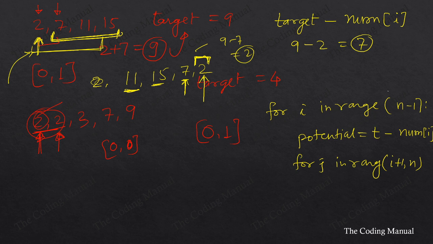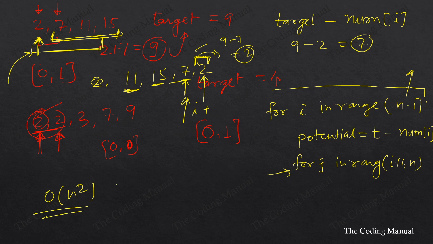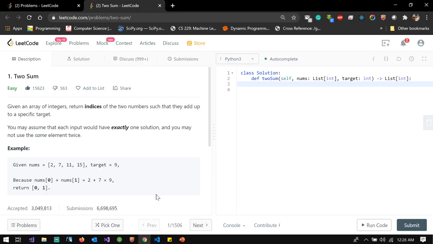That's why the topmost loop runs for n minus 1 elements, and the inside loop runs from index i plus 1, from the next element onwards till the end. So this is order of n square if you have n elements in the array. Let's look at this in the code and how it will look.